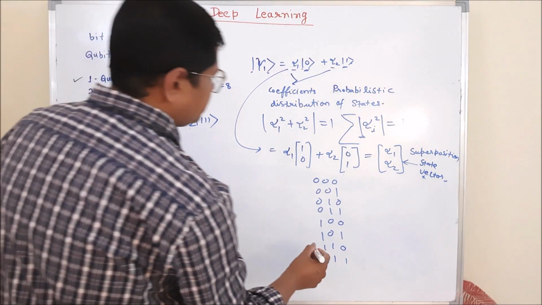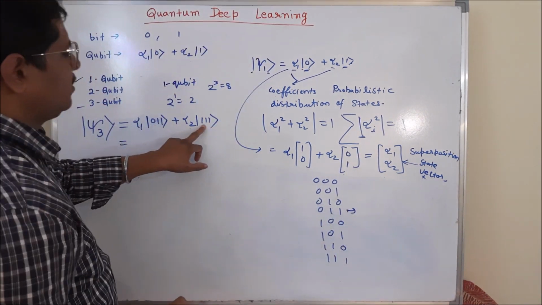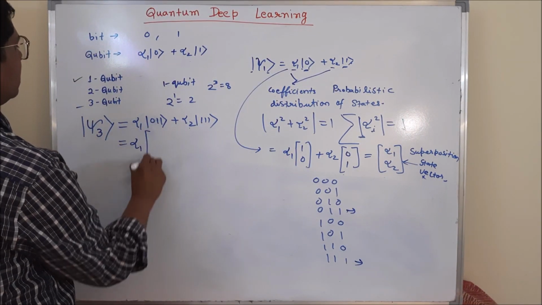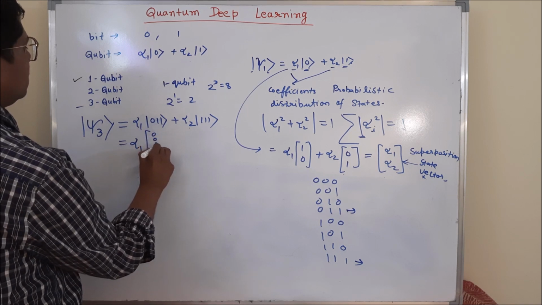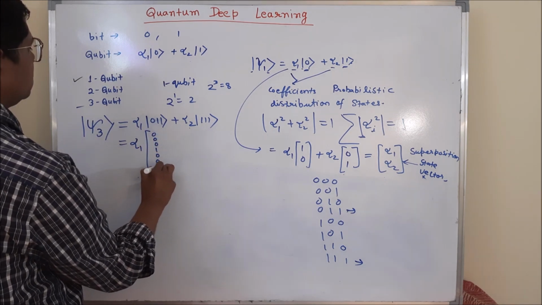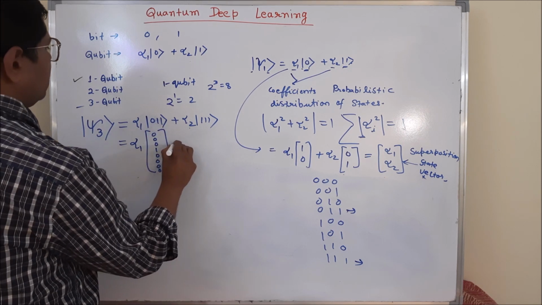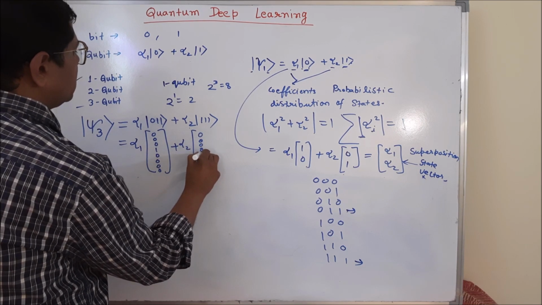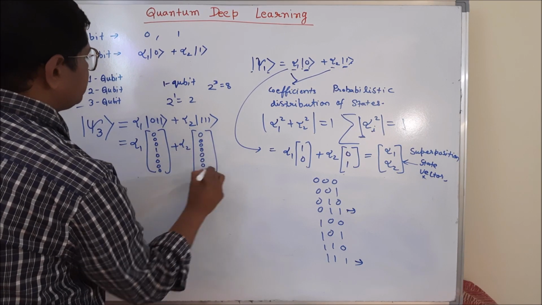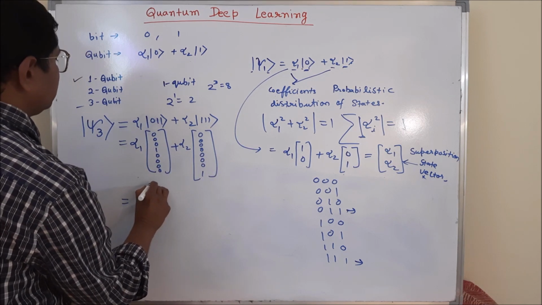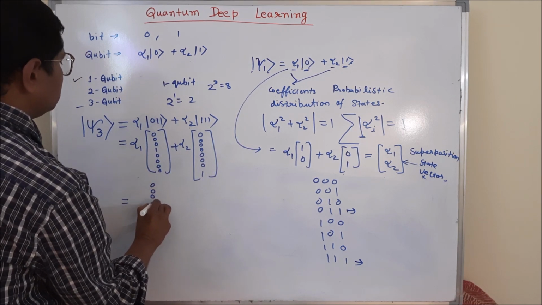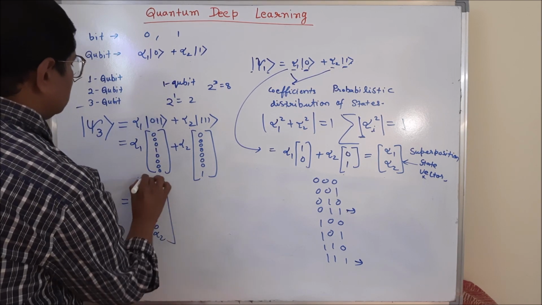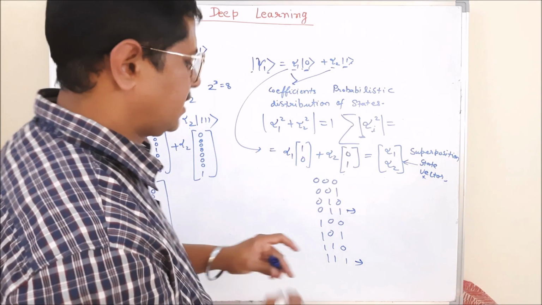So 011 is coming here, and 111 is coming here. So it will be 0 0 0 1 0 0 0 0, and the last position. When you solve, you will get 0 0 0 alpha 1 0 0 0 alpha 2. So this is the superposition state vector.